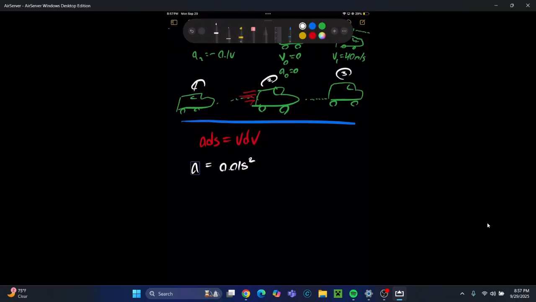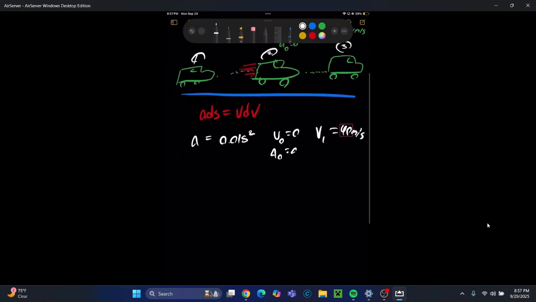We know it starts from rest, so v naught is 0. You can get it from this equation too, but we know our a naught is 0, and the velocity it reaches is 40 meters per second. I didn't put units in the other two because I don't care.